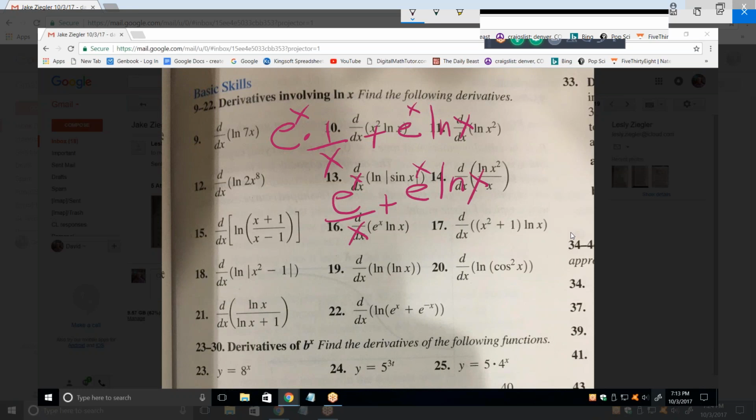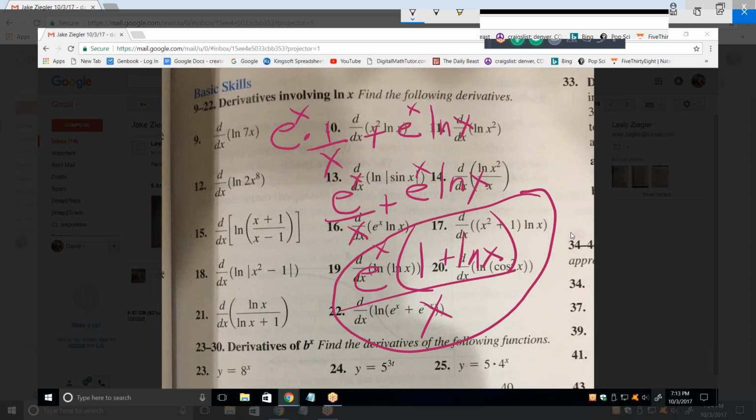No. I could factor out an e to the x from the top. So what does that give me? If I factor out an e to the x from the top, I've got 1 plus natural log of x. So that's my numerator, all over x. So that is also correct, but not really any more correct than that. It's not really simplified. It's just factored.